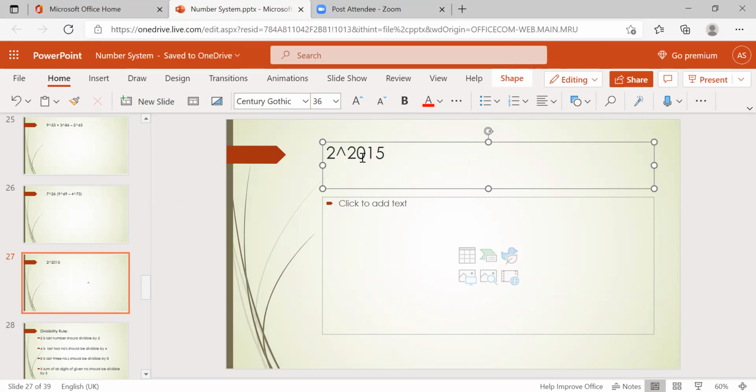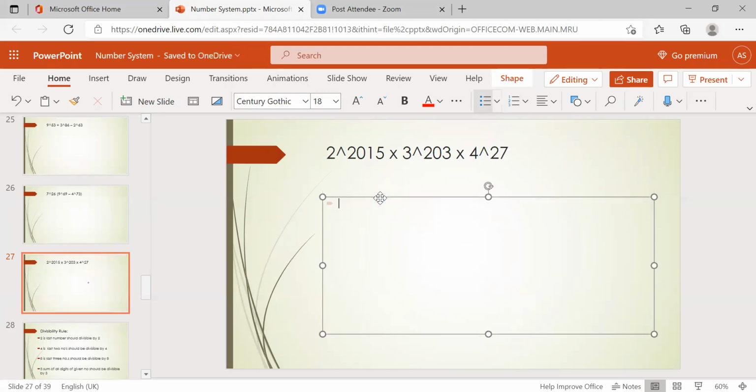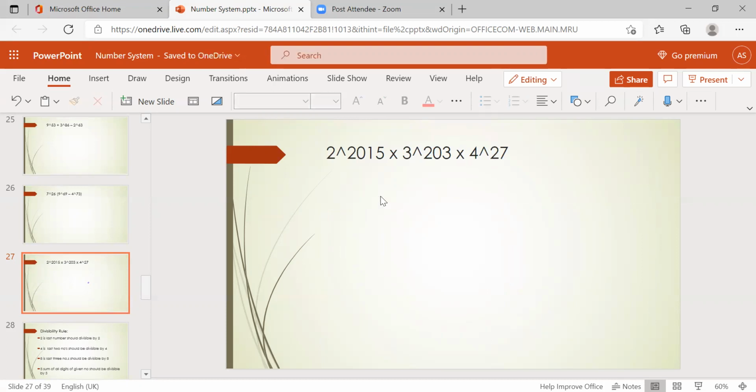Now, the question is 2 power 2015 into 3 power 203 into 4 power 27. Right? Now find the answer for this. I'll give you 2 minutes. Just try to solve this one, and then we can start.